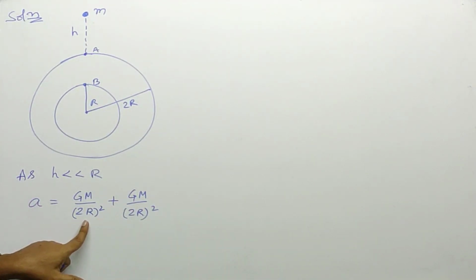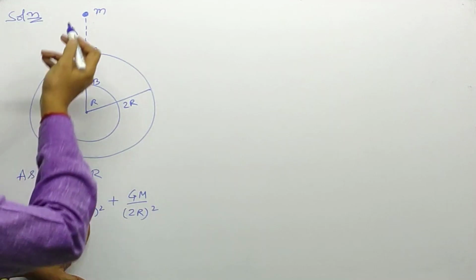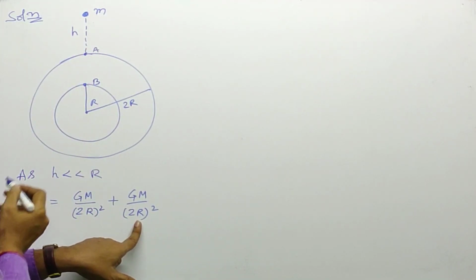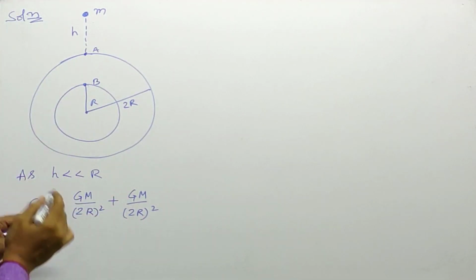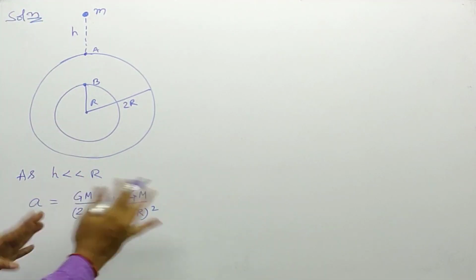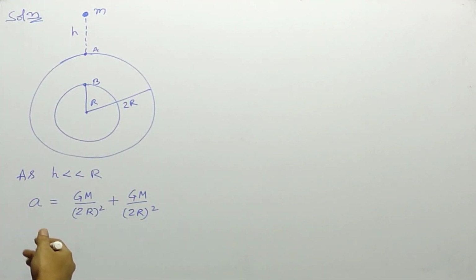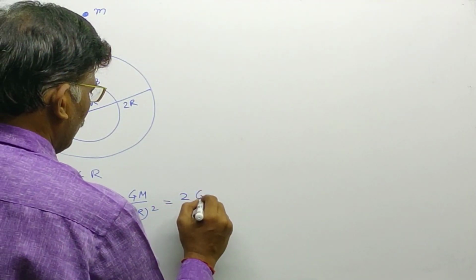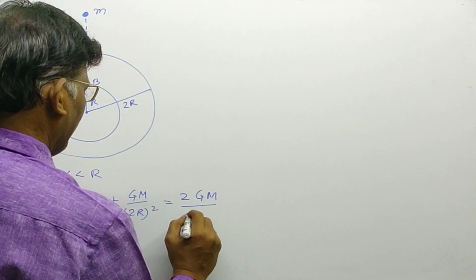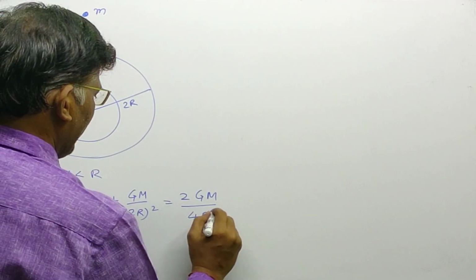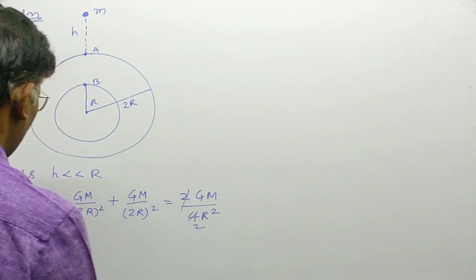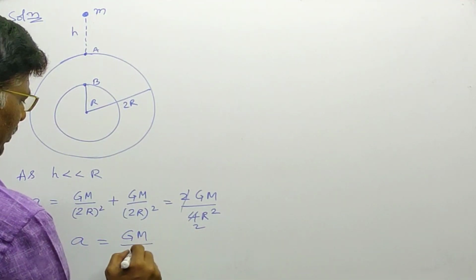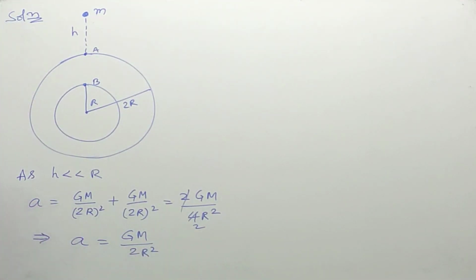The first one is the acceleration at a height h above the surface, and the second one is the acceleration at A on the surface. Because they are very close, the acceleration is taken as almost constant. So that is equal to 2GM by 4r square, or that implies a is equal to GM divided by 2r square.